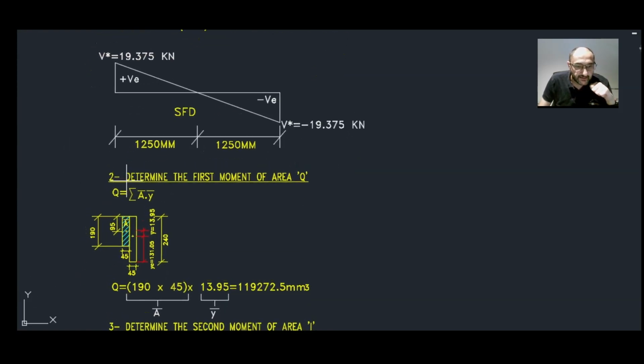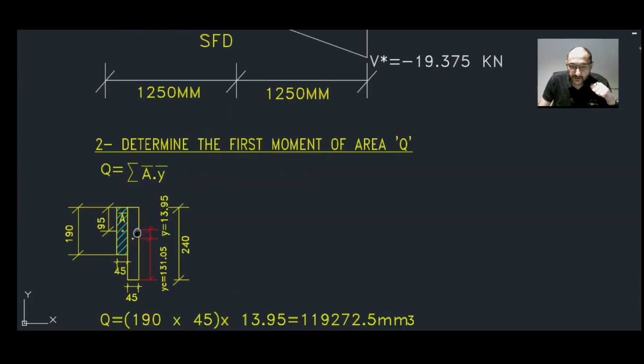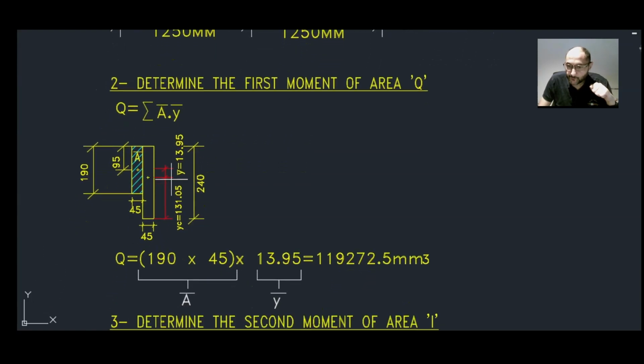Now the second step is to determine the first moment of area Q. Now the geometrical centroid of this whole section, which is the 190 by 45 and the 240 by 45 together, we work out the centroid. And from the bottom of the section, it is worked out to be 131.05 millimeters.